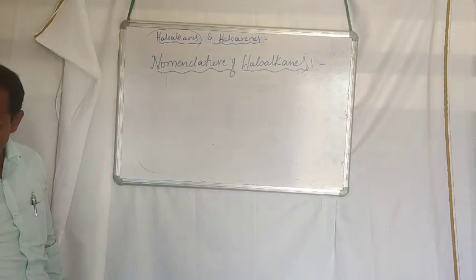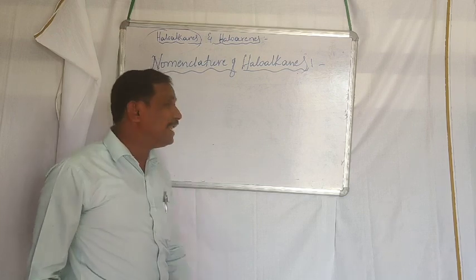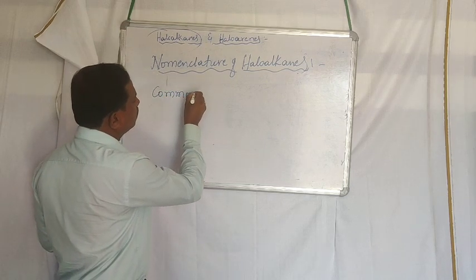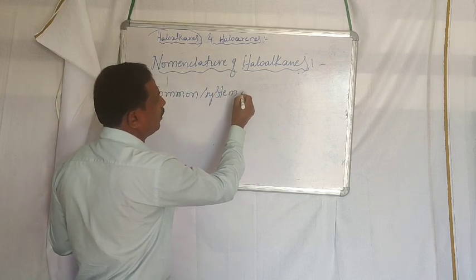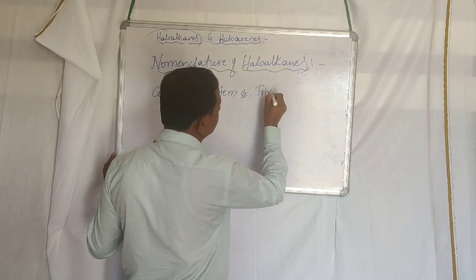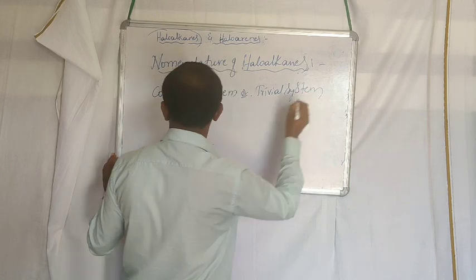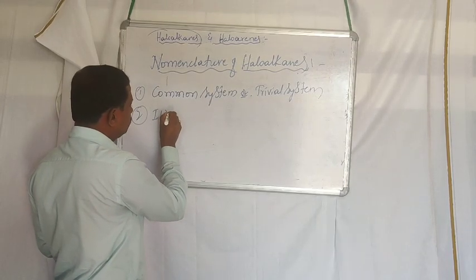All the organic compounds are named by using two types of systems. One is the common system, also called the trivial system. Number two, the IUPAC system.